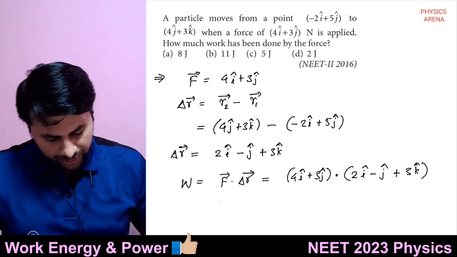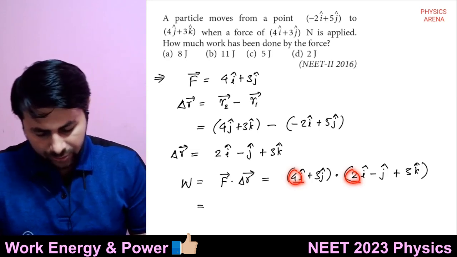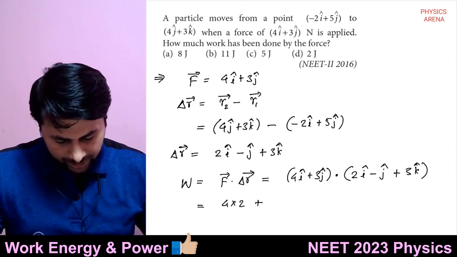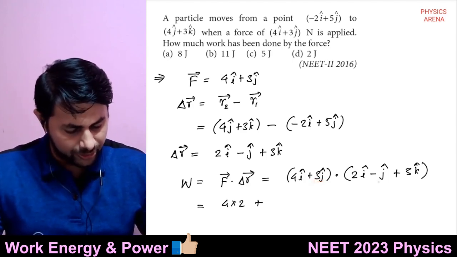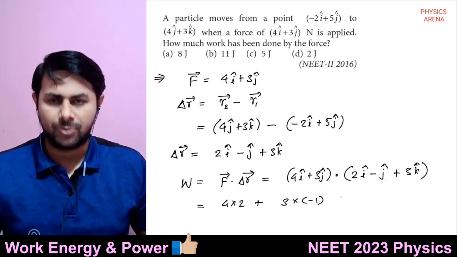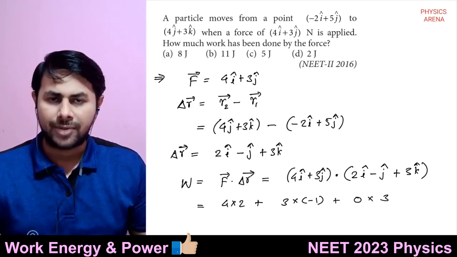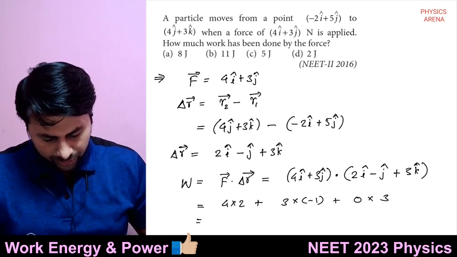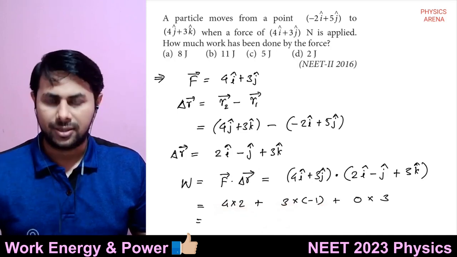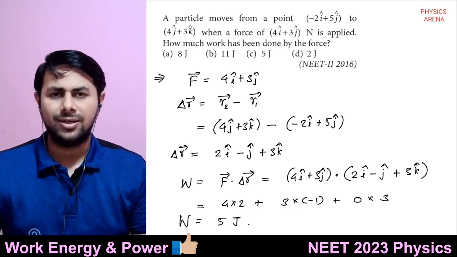X component with x component: 4 times 2, plus y component with y component: 3 times minus 1, and z component with z component: the z component is 0, and 0 multiplied by anything is 0. So 4 times 2 is 8, 3 times minus 1 is minus 3, 8 minus 3 is 5. So 5 joules is the answer.